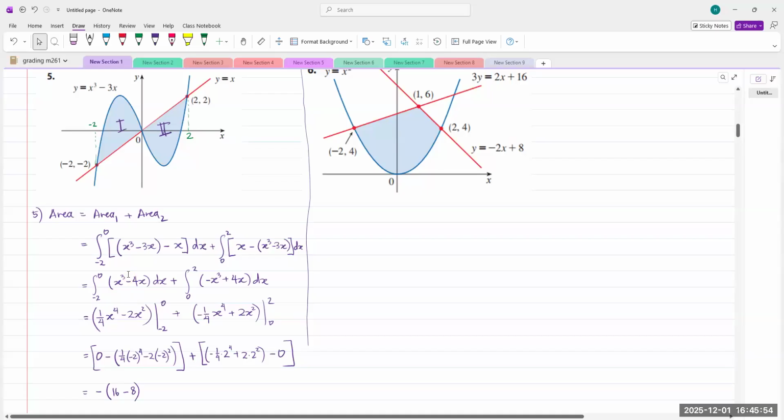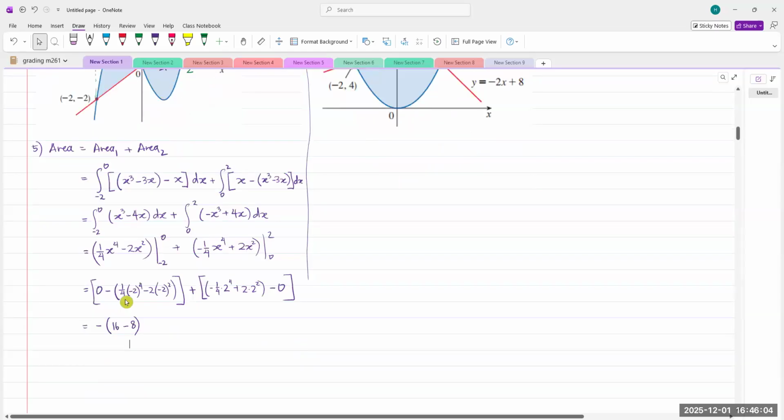Let me check again. x cubed minus 3x on the top minus x at the bottom. At 0, negative 2. Why does it give me negative area?